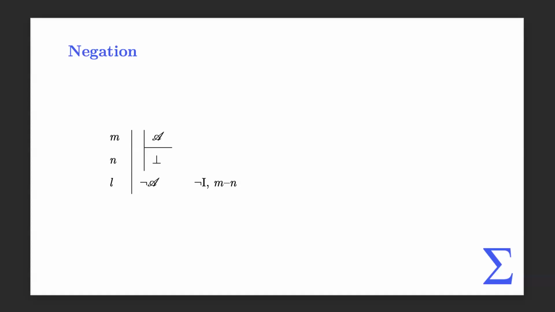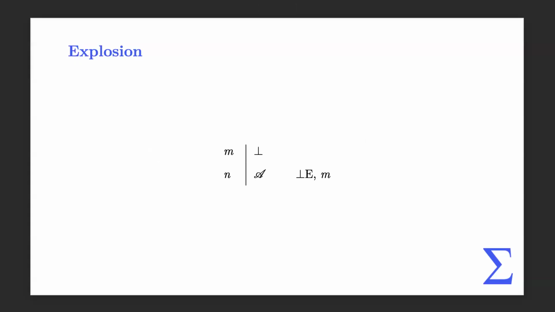As for negation elimination, if I manage to prove that not A is true, and I've also managed to prove that A is true, well, then I know something went wrong, right? I can think of not A as a function from A to false, or as an implication from A to false. So I can do the modus ponens rule in a sense, and say, okay, I can prove false. And why is proving false useful? Because from false, anything follows, right?